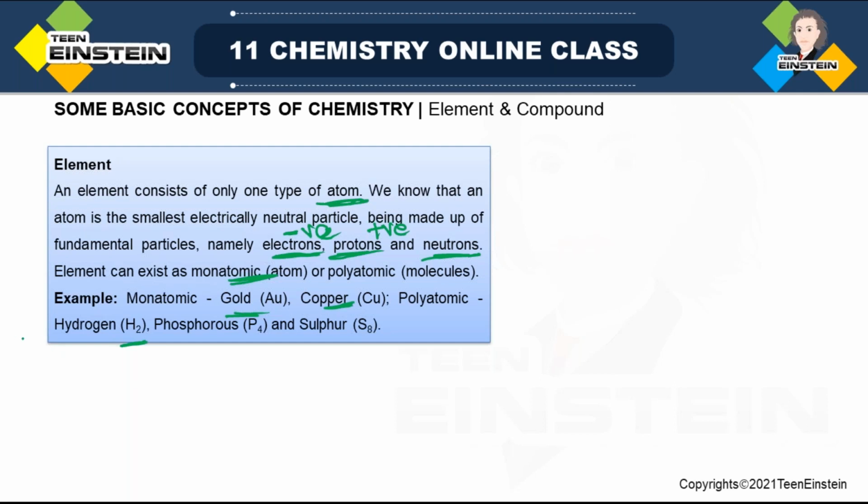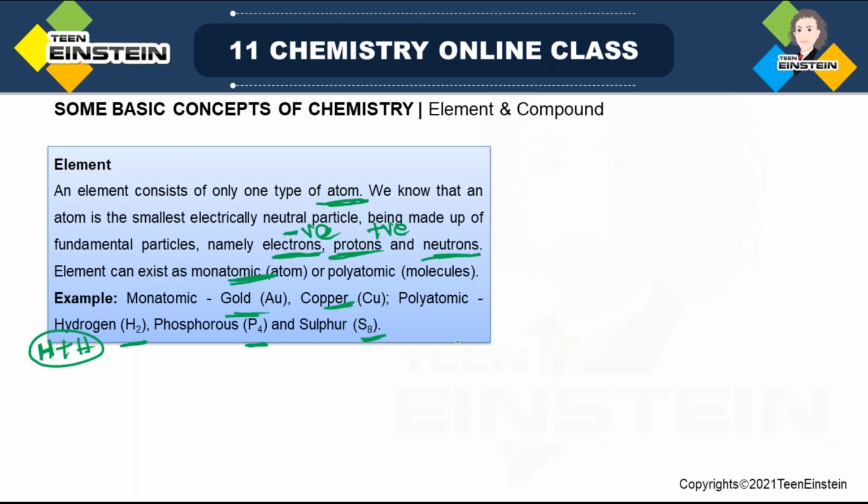Hydrogen is diatomic because two hydrogen atoms combine together to make H2. Similarly, for the element phosphorus, if you look at its chemical symbol P4, that means a total of 4 phosphorus atoms. It is not that one phosphorus atom is joined with an atom of another element. No, all the atoms are of only the element phosphorus. It is tetraatomic. Then sulfur is octatomic, because 8 sulfur atoms are present together.